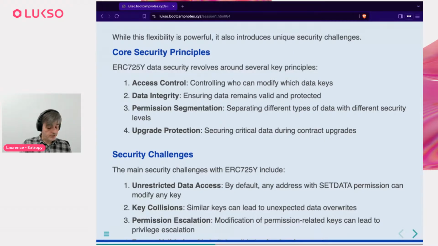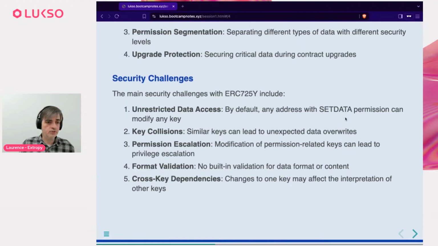And given all of that, hopefully you get that all designed very nicely and you implement that correctly. But then also you need to think about upgrades. If you're going to upgrade your contract logic in future, then you need to think about what's going to happen to the data and how that is going to be upgraded in a secure way.